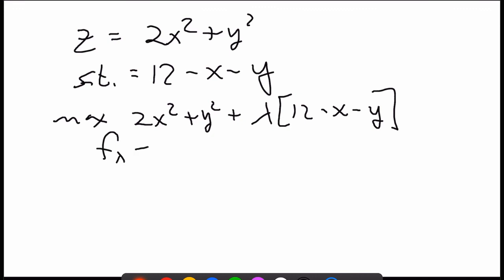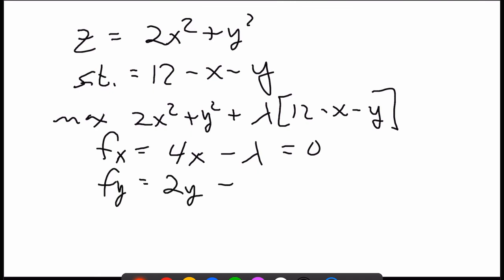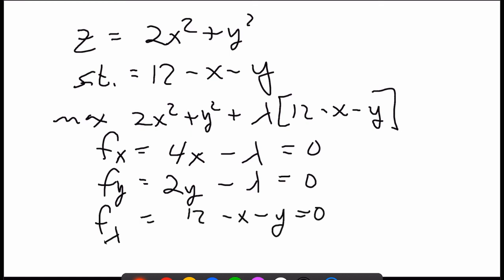So f of x is 4x minus lambda equals 0. F of y is 2y minus lambda equals 0. And f lambda is 12 minus x minus y equals 0. Okay? And again, if I solve that, I'm going to get x equals 4 and y equals 8.